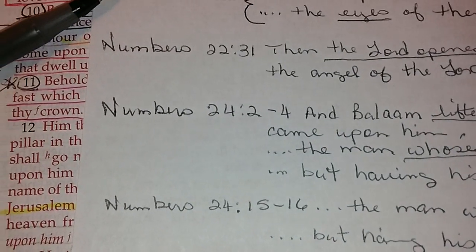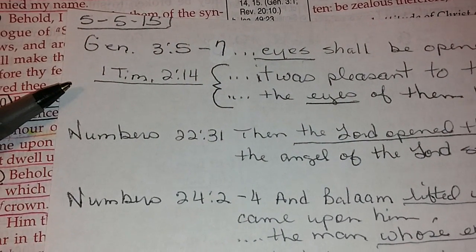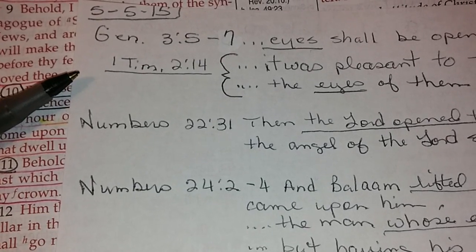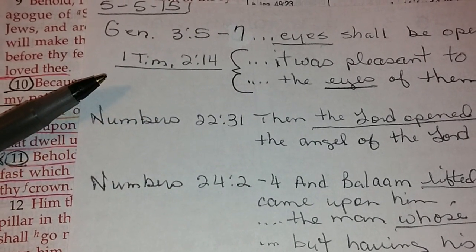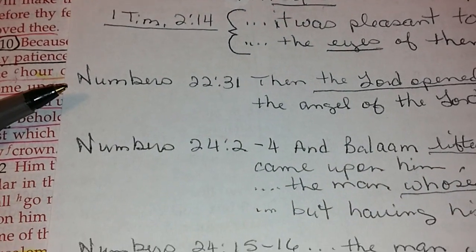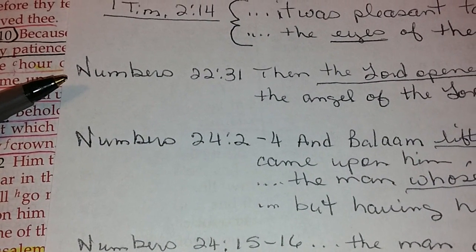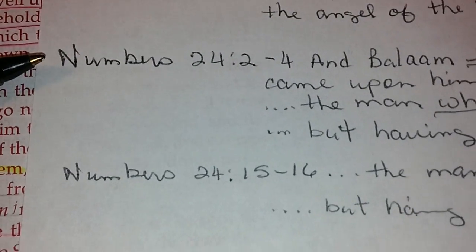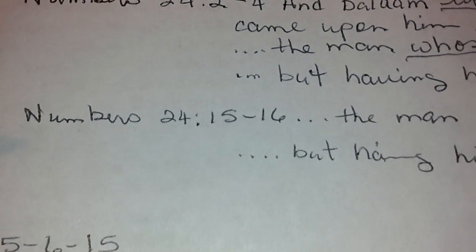I don't remember what 1 Timothy 2:14 says, but I'm sure it is helpful in understanding what I'm trying to say here. I wouldn't have wrote it down. And then Numbers 22:31, Numbers 24:2, Numbers 24:15-16.